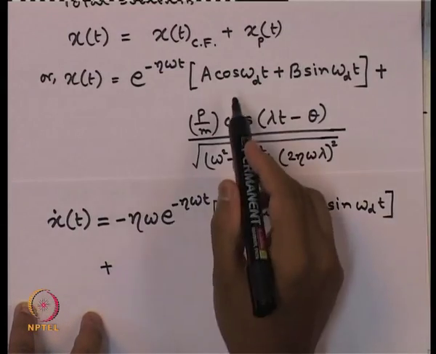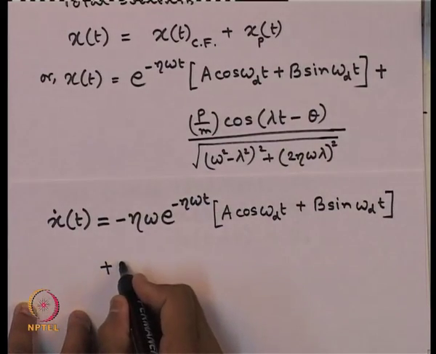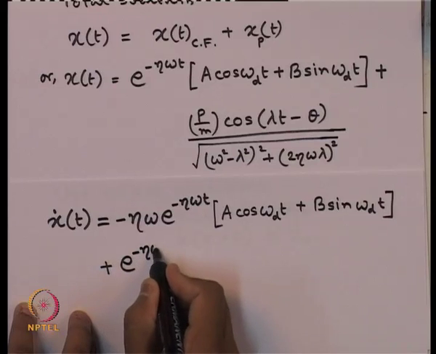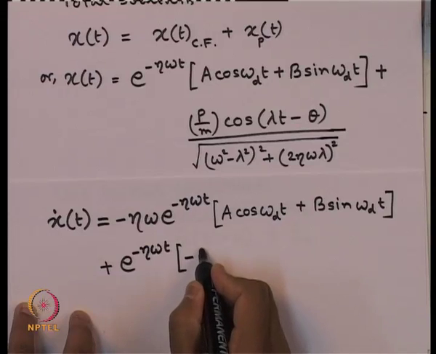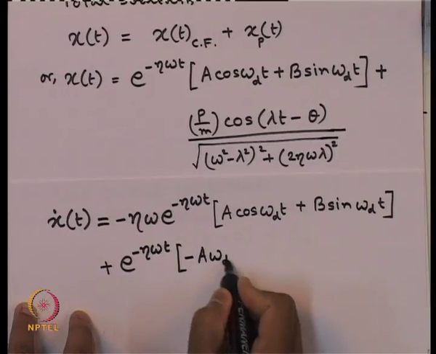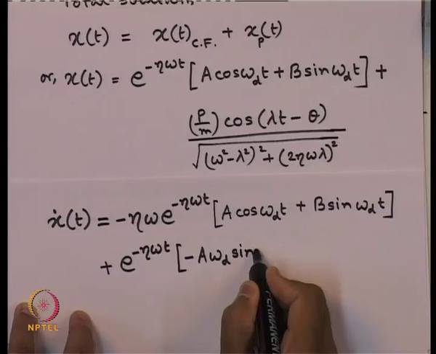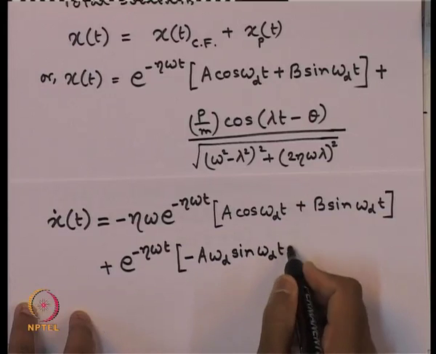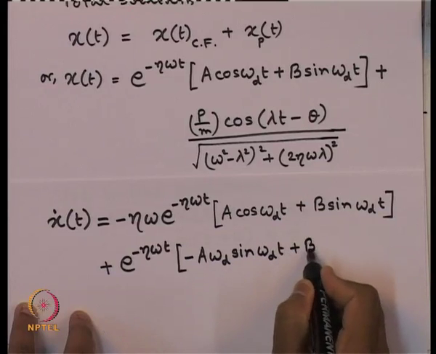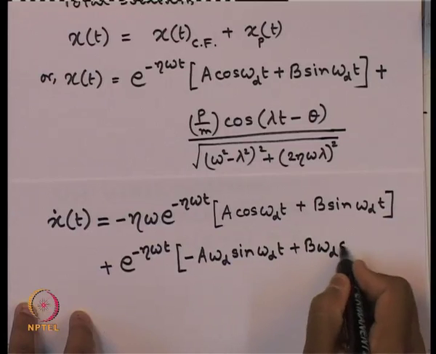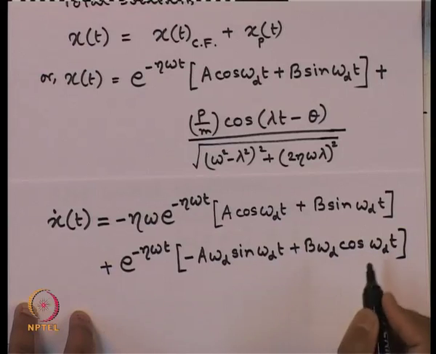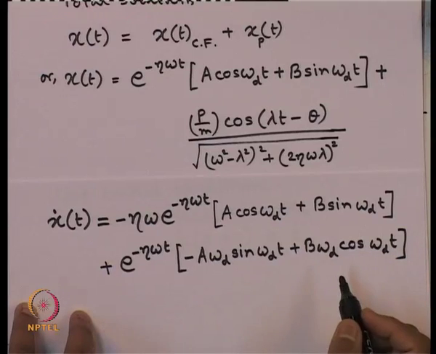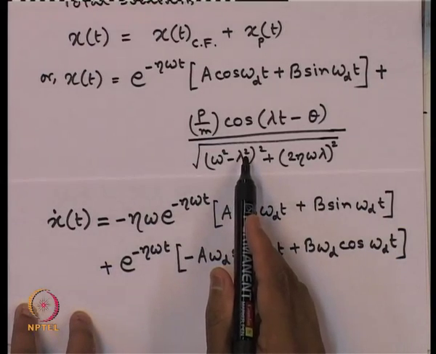Then I am differentiating this component: e to the power minus eta omega t times minus a omega d sine of omega d t plus b omega d cosine of omega d t. And then I need to differentiate this with respect to t.